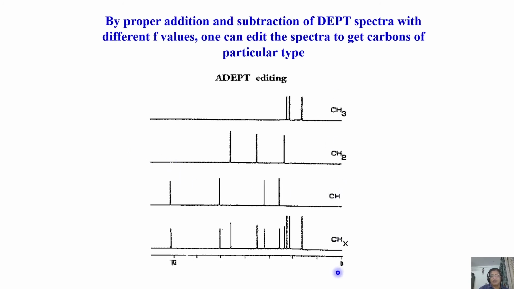I can get spectra corresponding to different carbons individually, by taking additions and subtractions, making combinations of these 3 different experiments. I can filter out the peaks corresponding to each carbon attached to different protons. This is a DEPT experiment. It is extremely useful to identify and assign the carbons, but at the same time, it is done with decoupling, so there is no coupling information. What is the advantage? You get a higher signal to noise ratio.